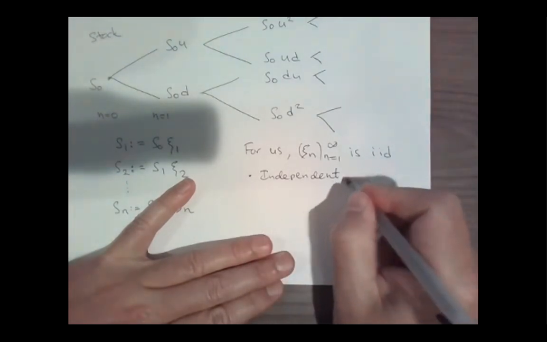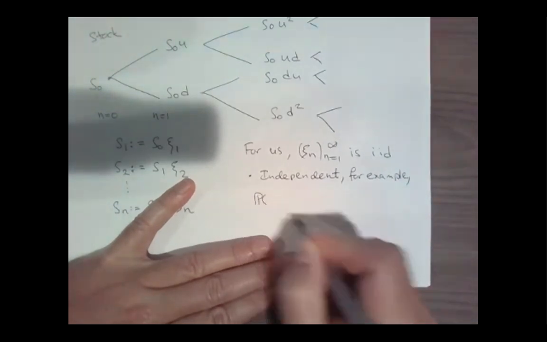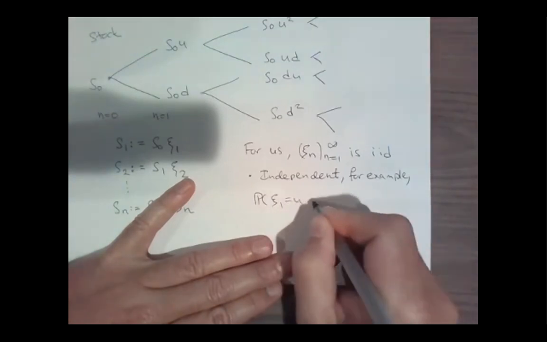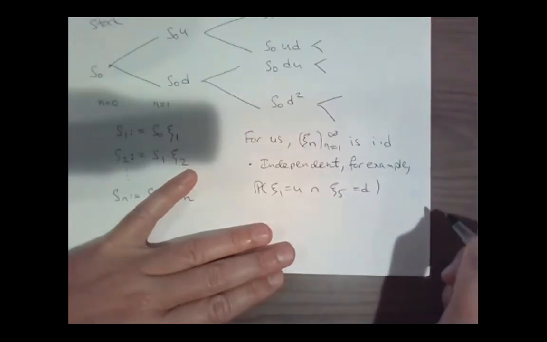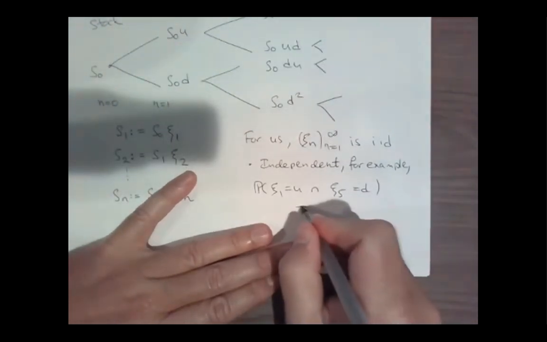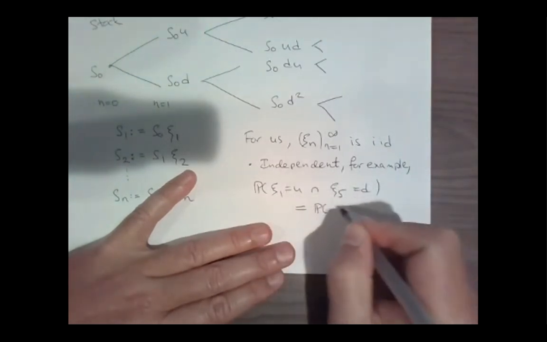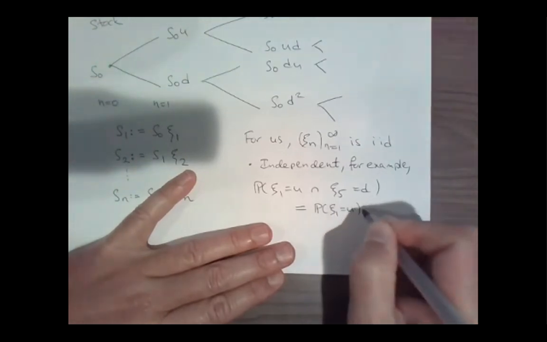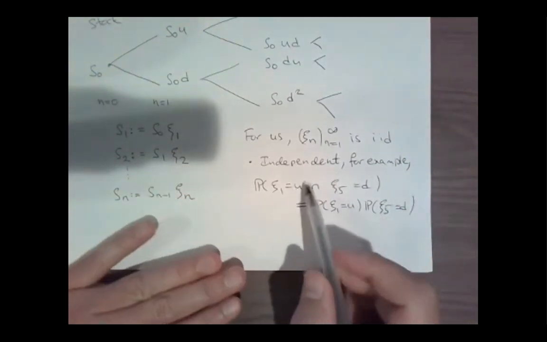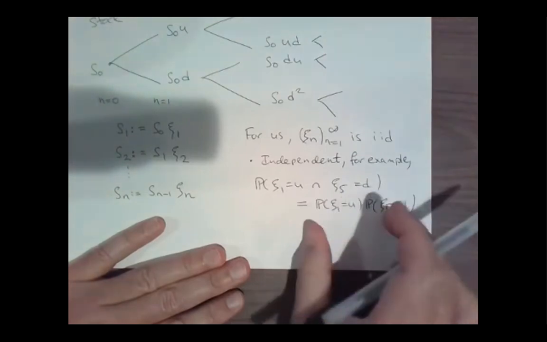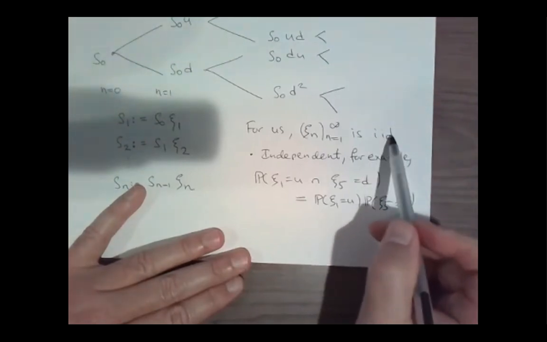For example, if I were to compute the probability that psi1 is U and psi5 is D, because of the independence assumption, I can just take the product of the two probabilities. Whenever you compute probabilities of intersections and you have independence, it just becomes products. So that's one of the I's in the word IID.